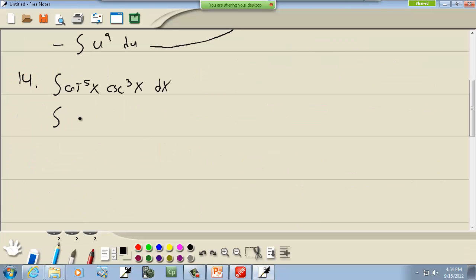Okay, so I'm going to split these up. This is cotangent to the 4th. This is cosecant squared. And we're going to save a cosecant cotangent over here. So that's our save.